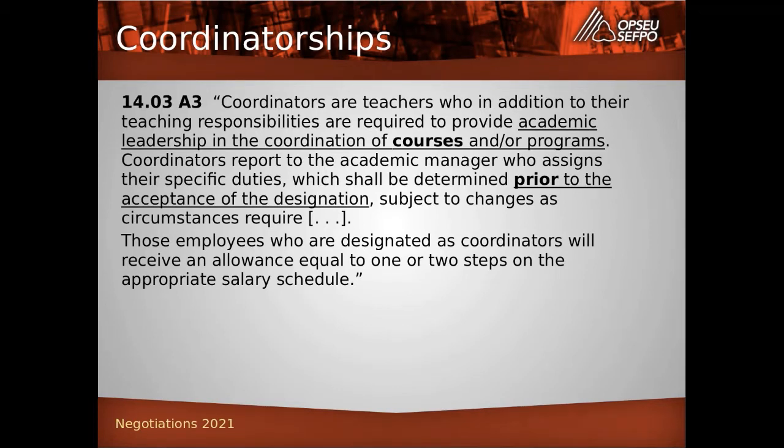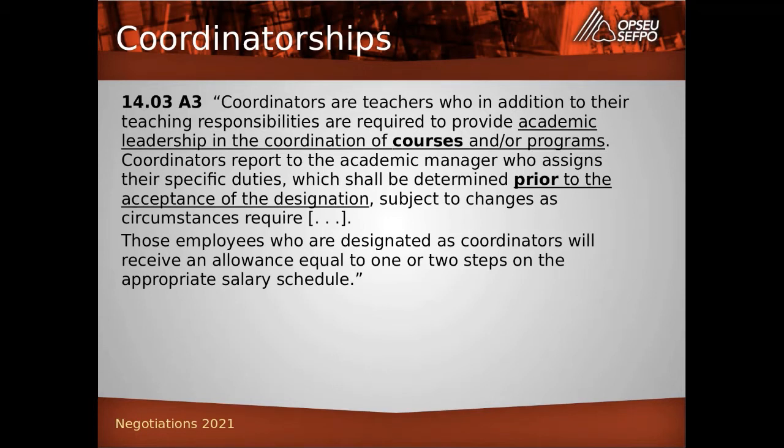Those employees who are designated as coordinators will receive an allowance equal to 1 or 2 steps on the appropriate salary schedule. So I'd like to point out here, if I may, that providing academic leadership in the coordination of a course is considered a coordinatorship and should entitle the person doing that leadership to an additional 1 or 2 steps on their salary schedule. So subject lead, course lead, all of those designations would be coordinatorships.